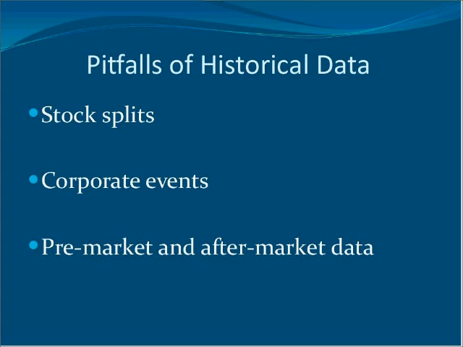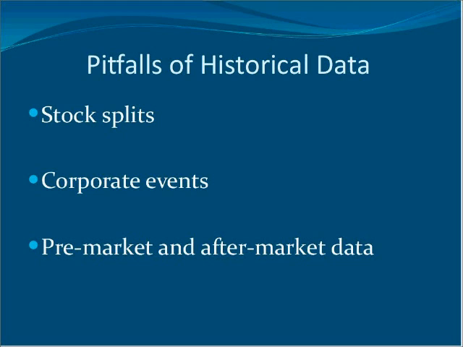Well, one of the things that we can encounter are stock splits. When we have a stock split, it suddenly changes the amount of volume that's getting reported in the marketplace. Corporate events, similarly, and I'm going to get to an example of these as well. Corporate events are when something happens that affects the number of shares outstanding.